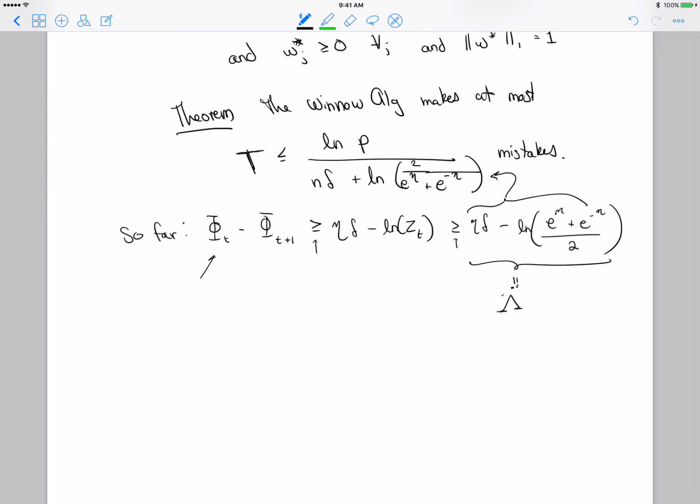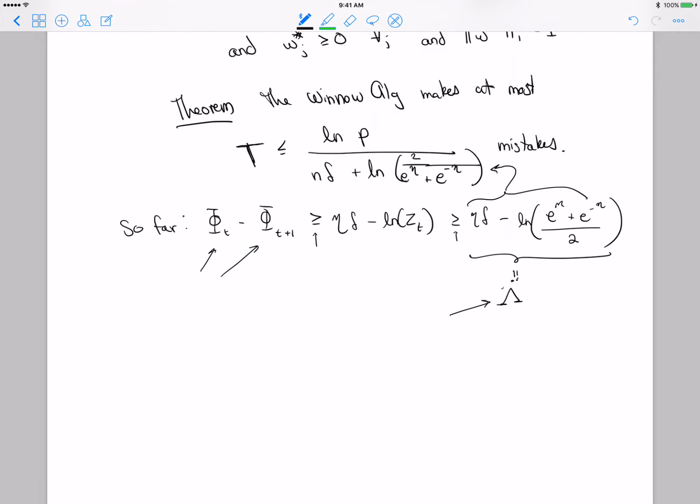All right, so we know that this difference in the phi's, which is actually called relative entropy, decreases by at least that guy at each time. So the next step, we know that this is the improvement at each time, so I can add up all the improvements and get the total amount that it has improved over the course of iterations.